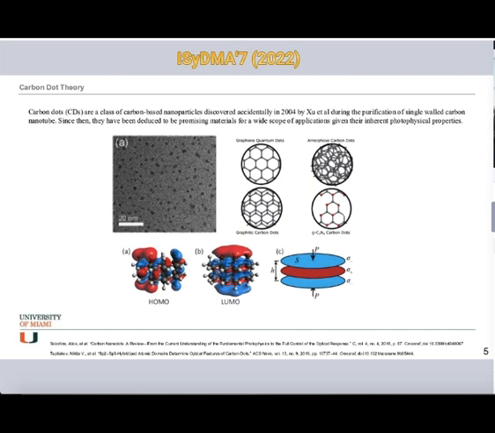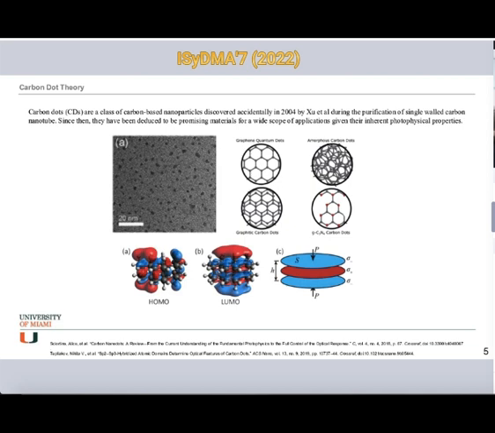Specifically, carbon dust is a class of carbon-based nanomaterial that was discovered in 2004, and it's only in 2006 that the name was given to this nanomaterial.